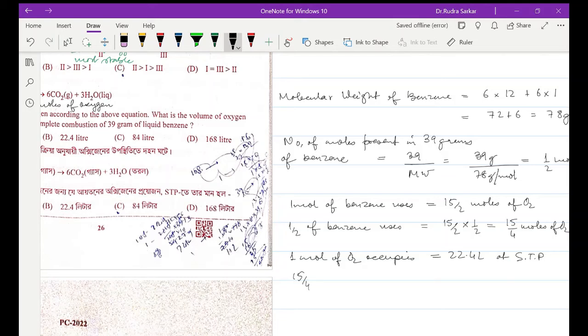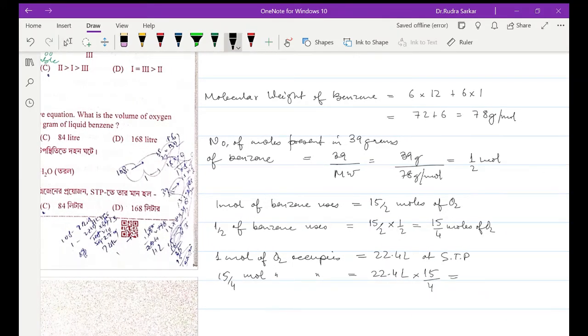So 15 by 4 mole occupies 22.4 liter into 15 by 4, and that should be equal to 84 liter.